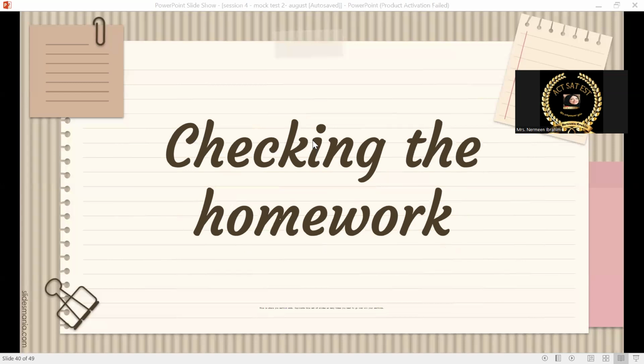Our session is divided into 3 or 4 sections. The first section, we're gonna check the homework of the previous session. I posted a sheet right after the previous session, and you were required to complete answering its questions. I sent you the answer key for all the questions, and you were required to check your answers in order to mark your mistakes, to ask me about them.